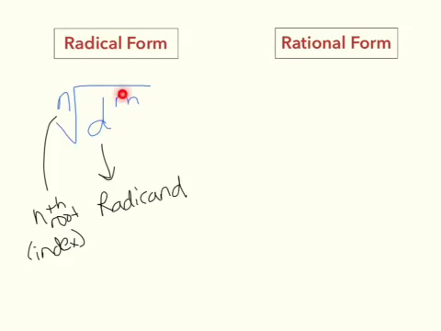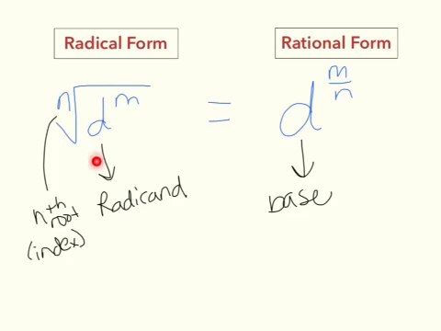And it's raised to this power. Now remember, we said that this equals the base to the power of that fraction. And so this is your rational form. This is your radicand that became your base. And you can see here the m over n is your exponent.